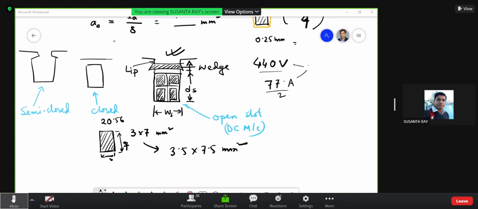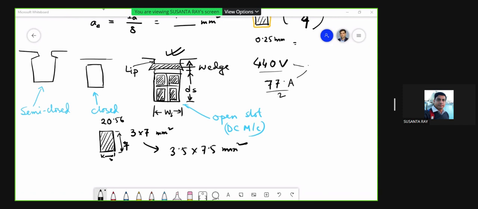You split it and then you take a rectangular bar for each. Four is good enough.